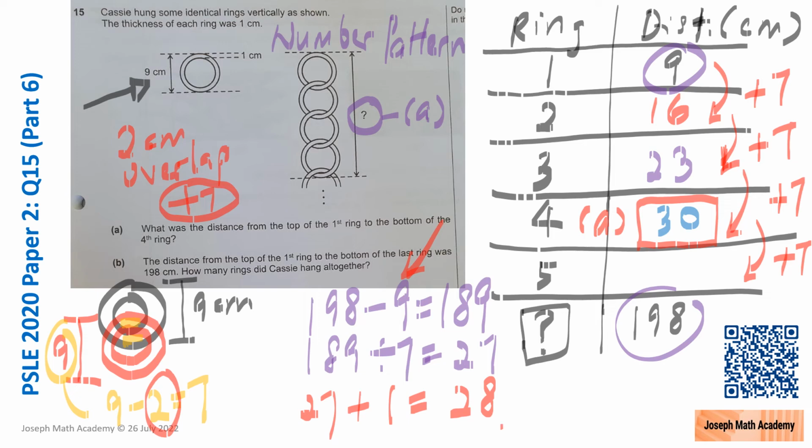So all in all, there are 28 rings. 28 rings hung in a vertical way should give us a total distance of 198 cm, measured from the top of the first ring to the bottom of the 28th ring. 15 is done. So 15 is not difficult. It is actually using number patterning involving common difference.